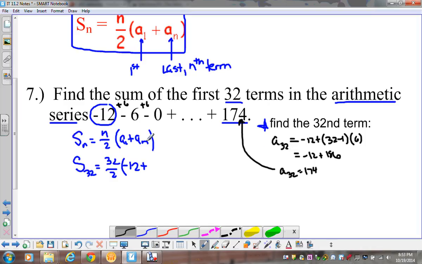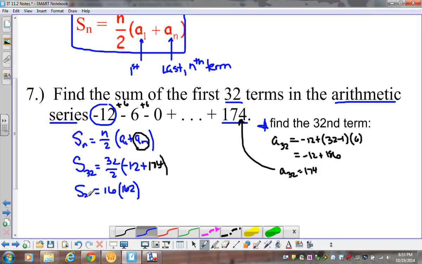So this a sub n right here, because I'm looking for the sum of the first 32 terms, it's a sub 32. My 32nd term is 174. So now we just go through and simplify. 32 over 2 is 16, times negative 12 plus 174 is 162.